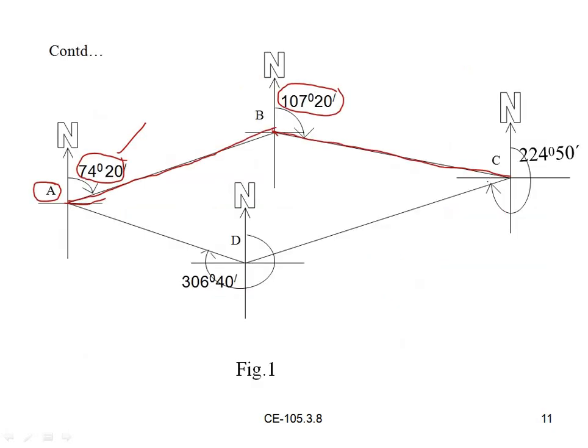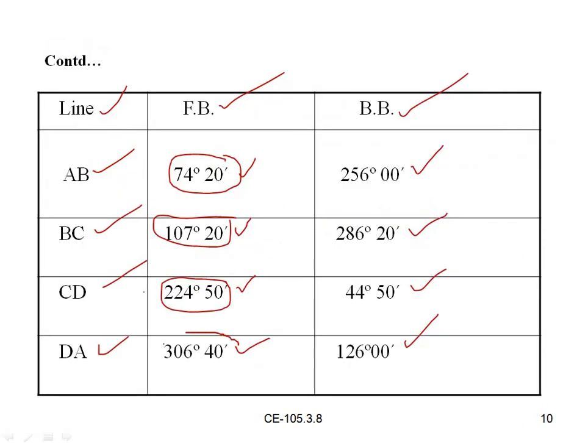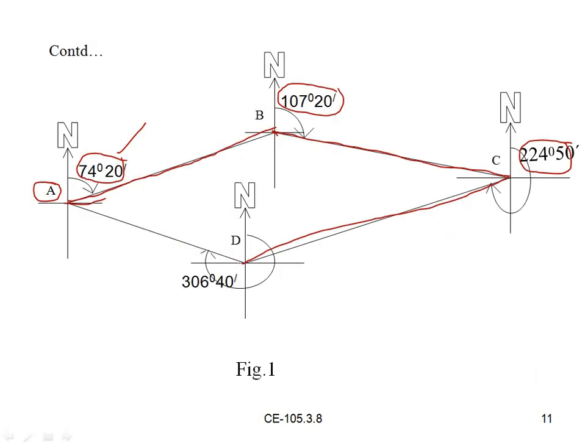So 224 degrees 15 minutes is drawn from C. And now for DA we have another fore bearing, that is 306 degrees 40 minutes. So from here this is the 306 degrees 40 minutes, from D to A.